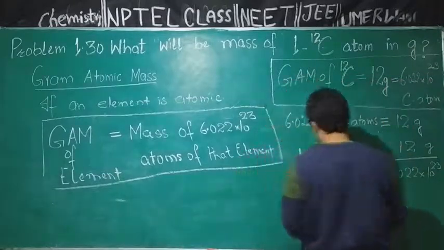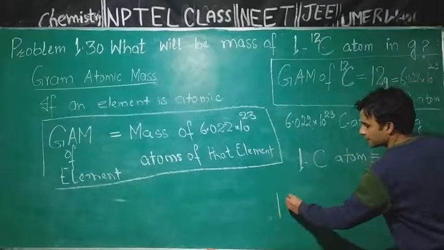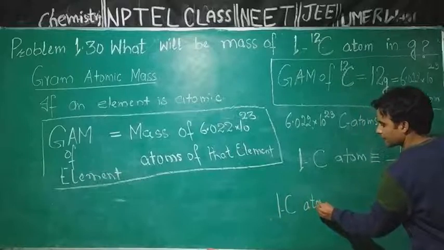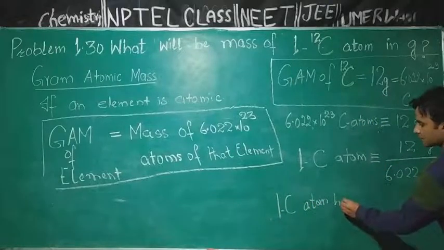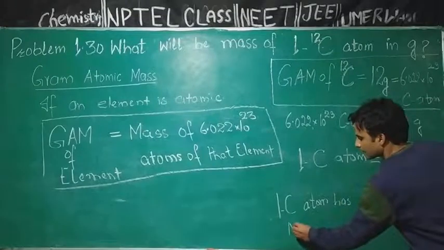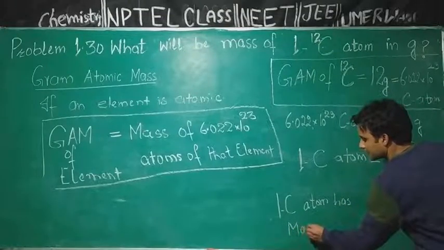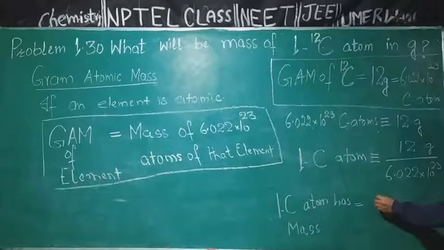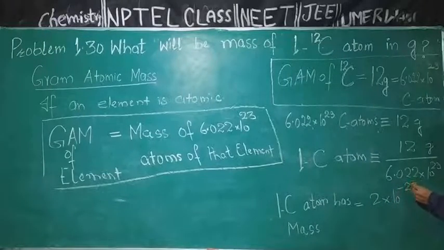One carbon atom has mass, or I can say weighs, equal to 12 divided by 6.022 into 10 raised to power 23, and it will come equal to 2 into 10 raised to power minus 23 grams.